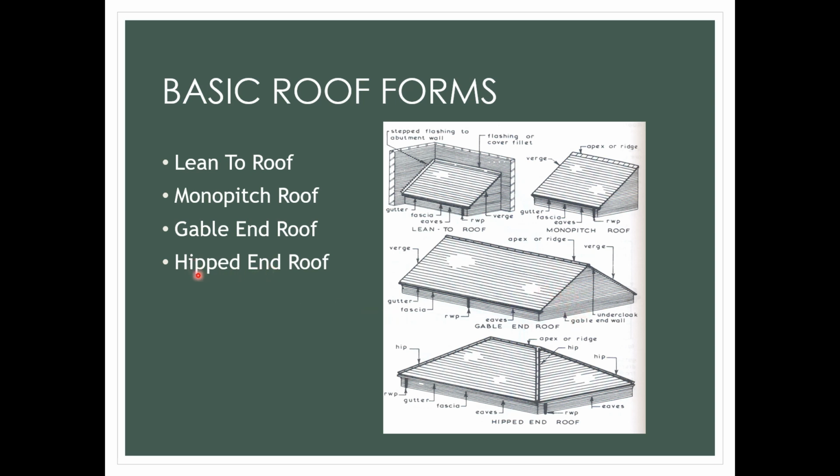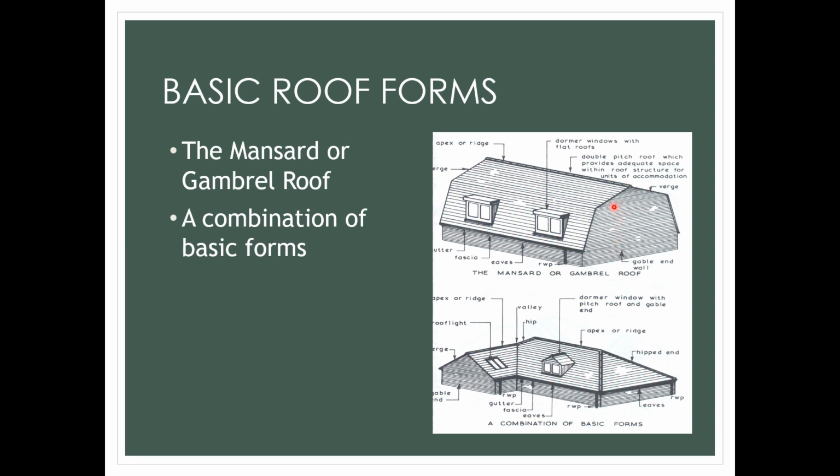And then another one is hip end, where we have some shape at both ends of this roof. We call it a hip end roof. The mansard or gambrel roof, look here. There is some extra space inside this roof.